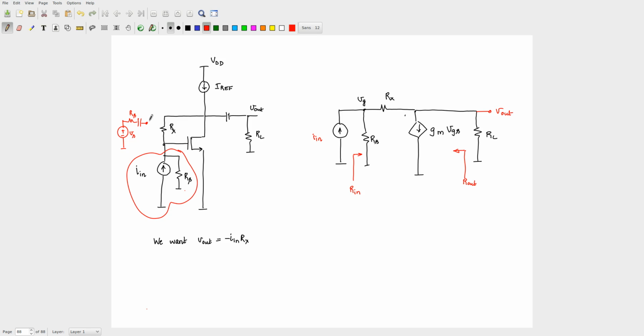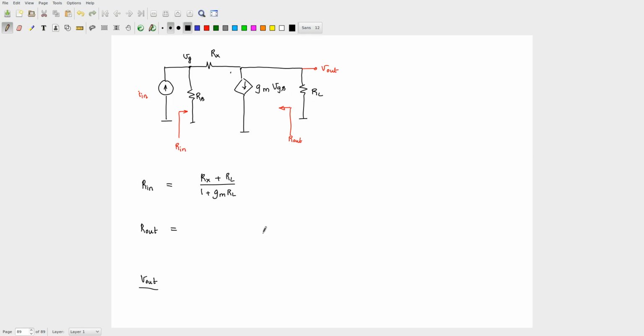Now I am going to ask you to go and look at your notes for this particular thing and tell me the value of the various quantities. Looking into what you have already done for the common source amplifier with drain feedback, you can write down R in, R out and the gain. R in is going to be Rx plus RL divided by 1 plus GM RL. R out we had derived earlier as Rx plus RS divided by 1 plus GM RS.